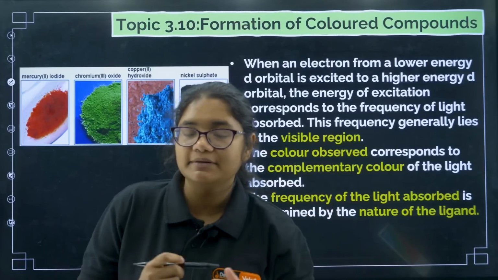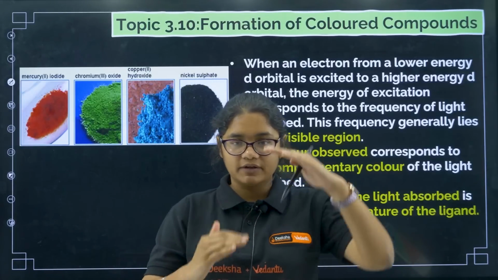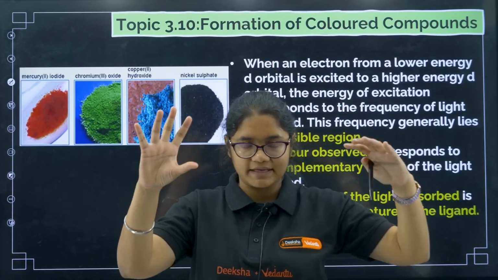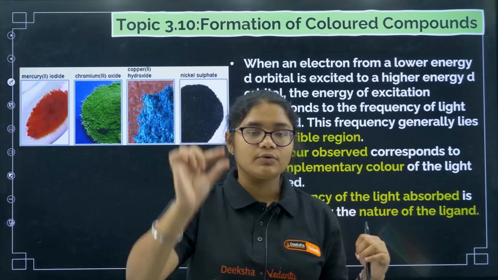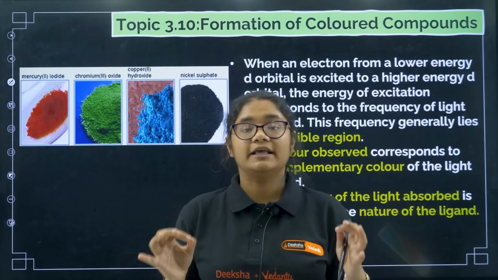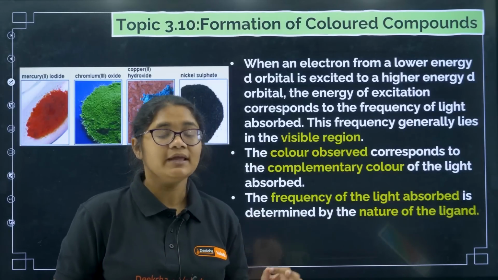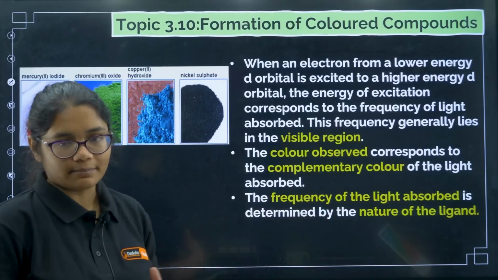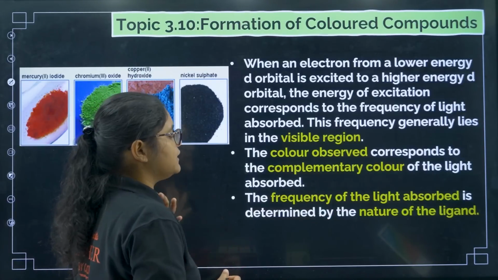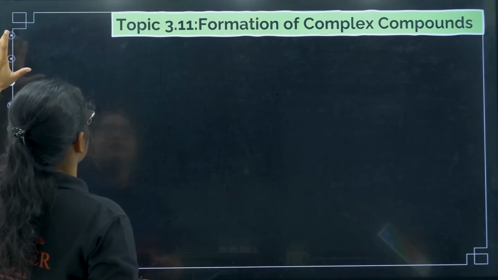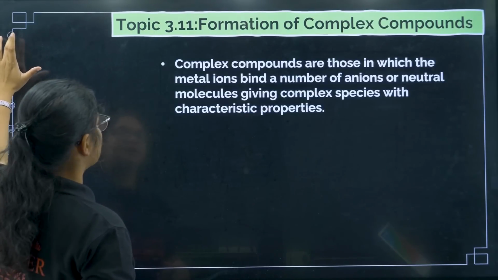Because of this splitting of the d orbitals, the electrons present can undergo transition, and this transition takes place in the visible region. So that is why these are colored compounds. What is the reason? Because of d-d transition.